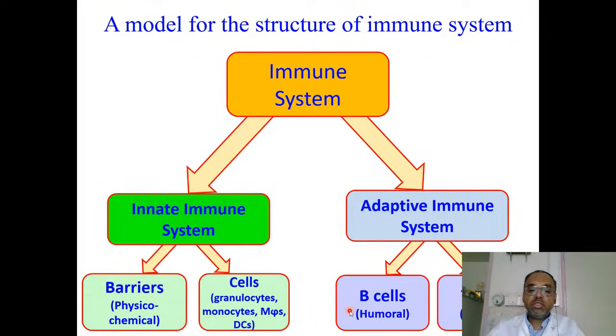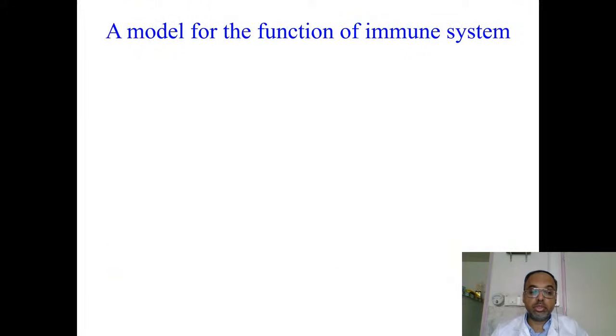The adaptive immune system comprises B cells and T cells, and B cells generate the type of immune response which we call humoral immune response. So it's present in body fluids, but T cells generate the type of immune response which is named cellular immune response or cell mediated immunity. So this is the model that we have for the structure of the immune system, or a simplified representation of the structure of the immune system.